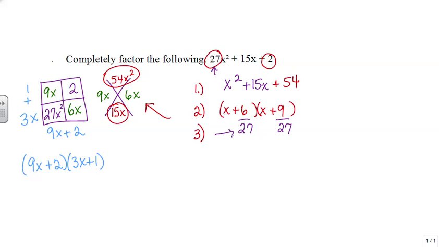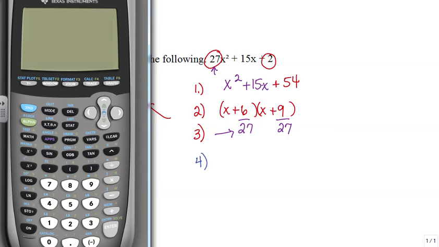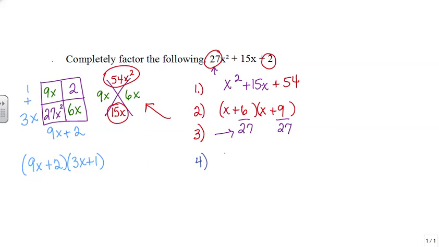So that's step 3. Step 4 is to reduce those fractions. So on the calculator, you're going to do alpha y equals, enter, 6 over 27, and that reduces to 2/9.